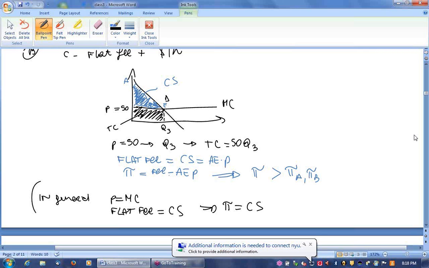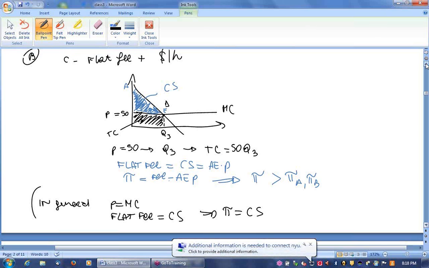So the answer is that pricing scheme C is the one that gives the monopolist the highest profits, whenever it can charge a flat fee and then also a price per every hour used.